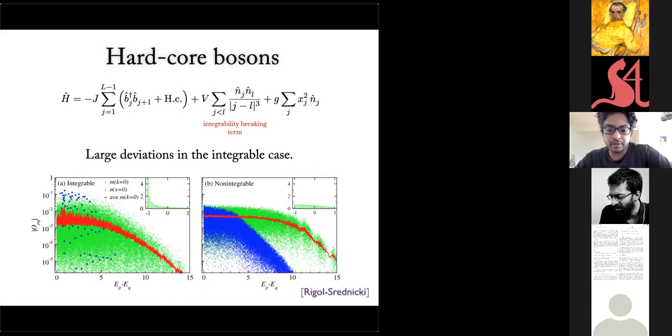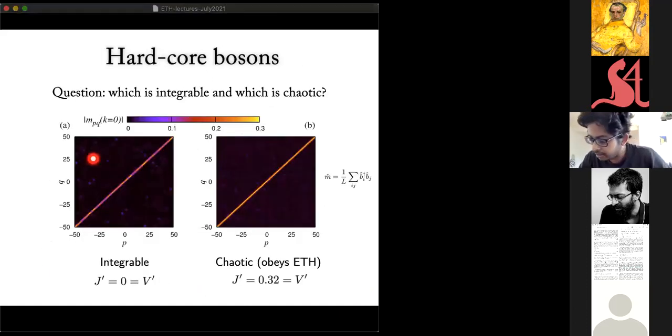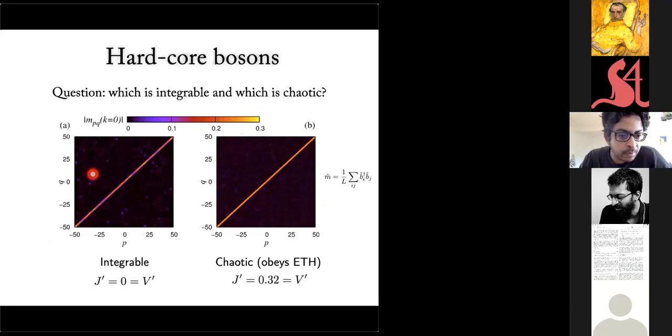As we saw in this previous example, if you look very closely, some of the off-diagonal elements are quite large, and some of them are exactly zero. Having such a structure does not allow for phase cancellations, okay? The phase cancellations are required in order to have thermalization, which actually happens in the chaotic case, but in the integrable case, it is absent.